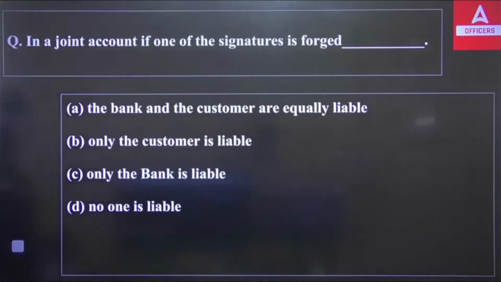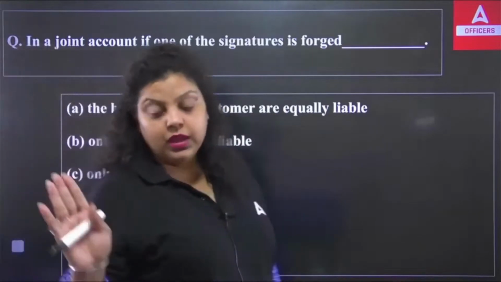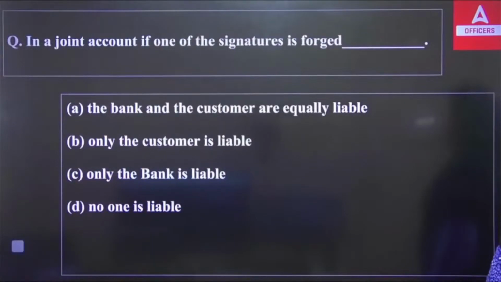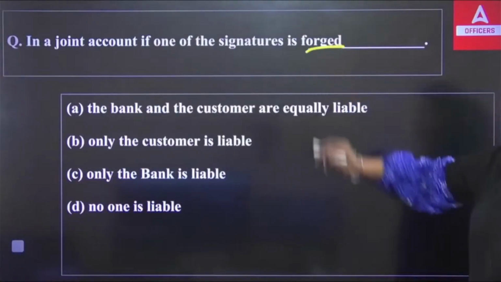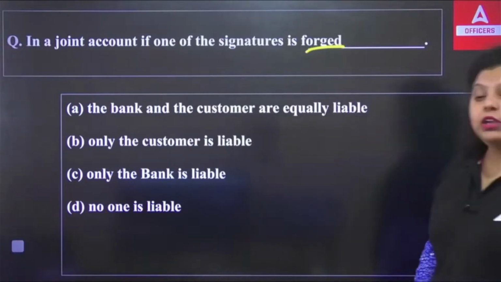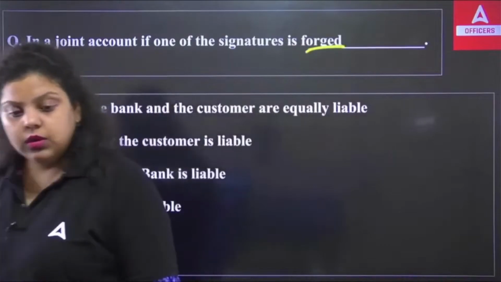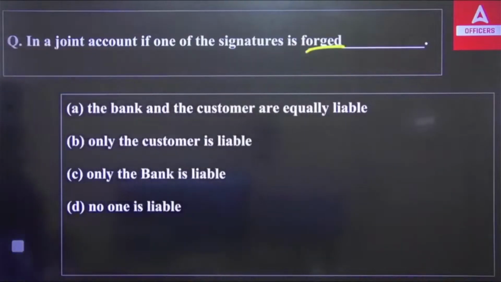So what do you think in a joint account if one of the signatures is forged? In that situation, it will be the liability of whom? The signature is forged. So it will be the liability of what? The customer, or both, or only the bank, or no one is liable?